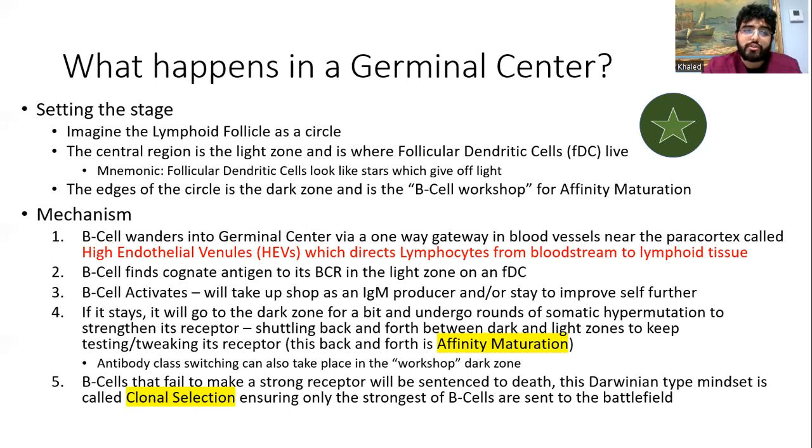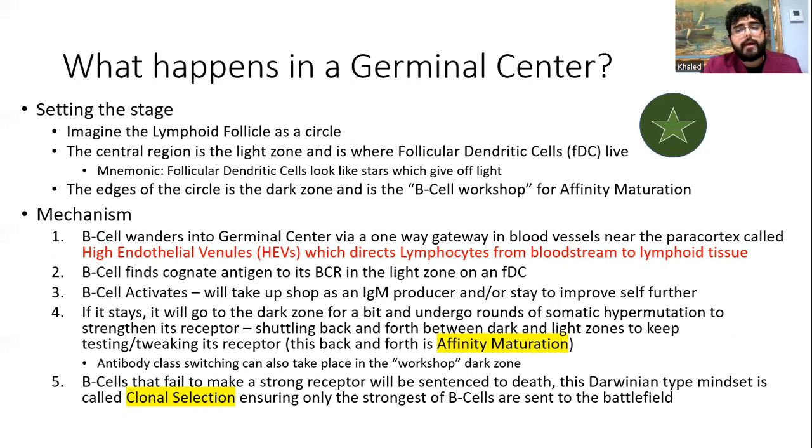Just have the schema. We have a germinal center, lymphoid follicle, light zone, dark zone. Inside the light zone, we have the follicular dendritic cell, and it's going to be swarmed by B cells. And then outside the light zone, we have the dark zone, which is also swarming with B cells, but just in a greater concentration.